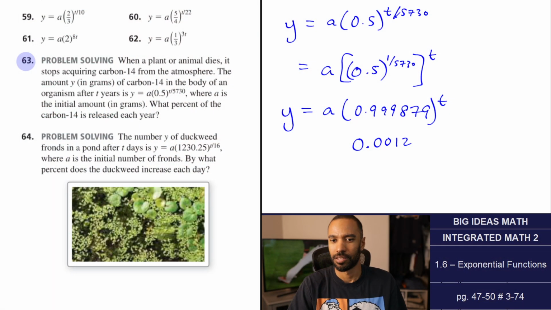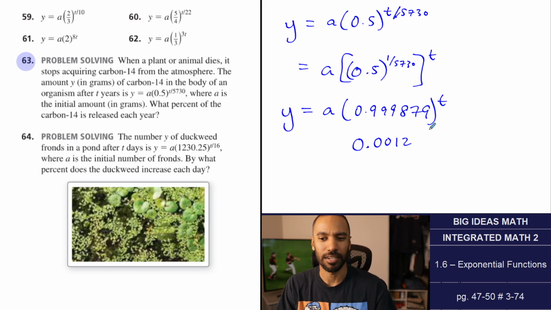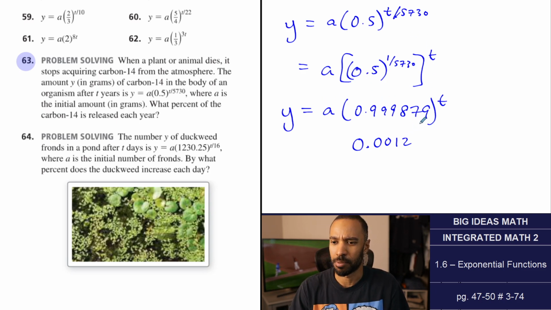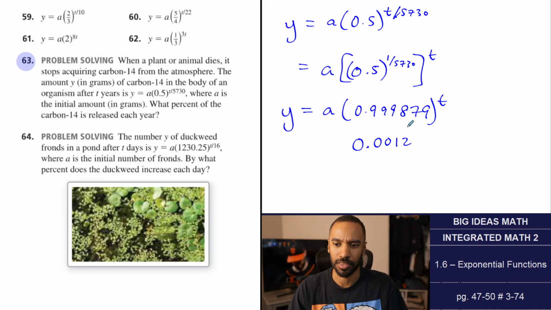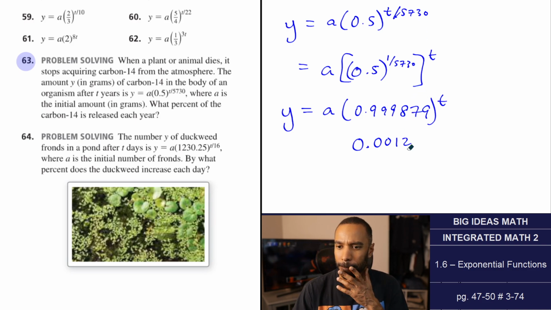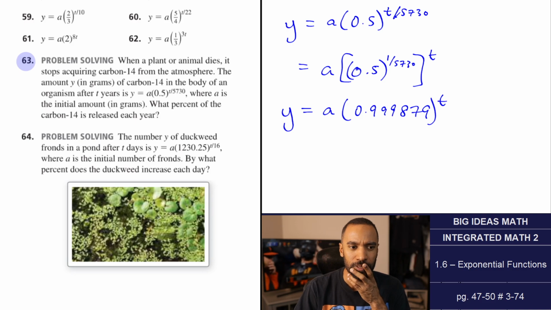Strangely, the calculator seems to not be precise after the other numbers. It should have said something different there. Let me try that again with fewer numbers. 1 minus 0.999879.